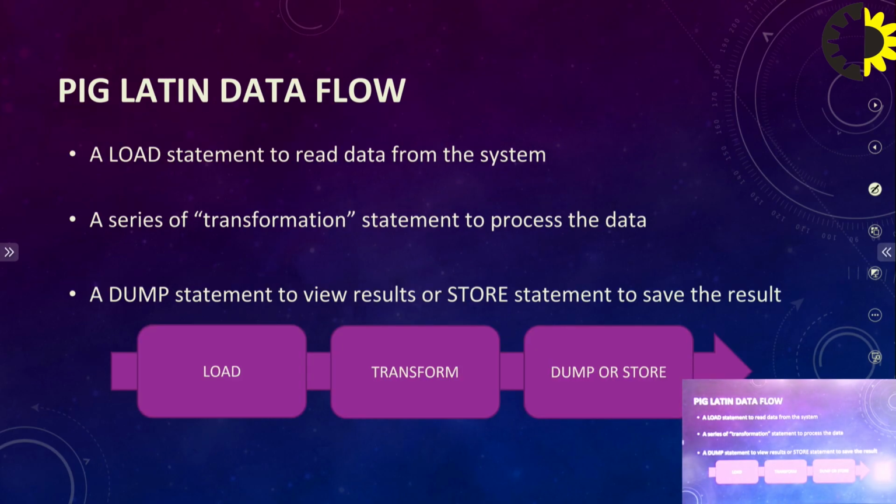Next, the PIG Latin data flow. We use a load statement to read data from the file system. Then we use a series of transformation statements to process the data. Next, a dump statement to view the result and a store statement to save the result.